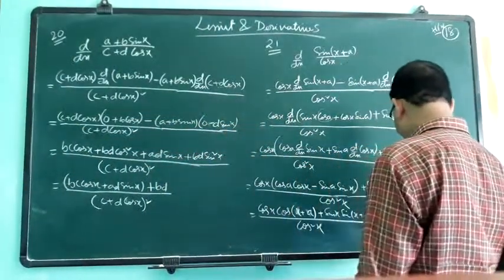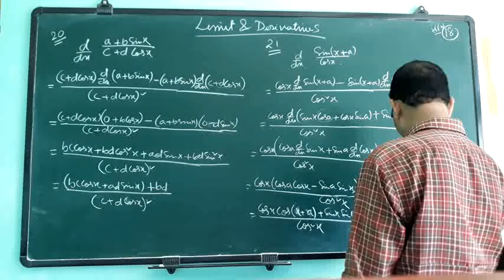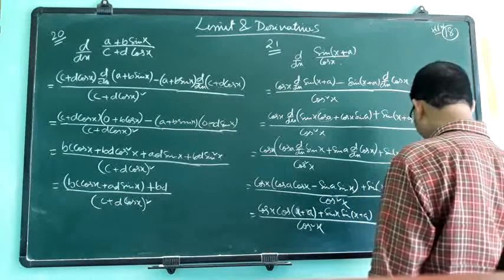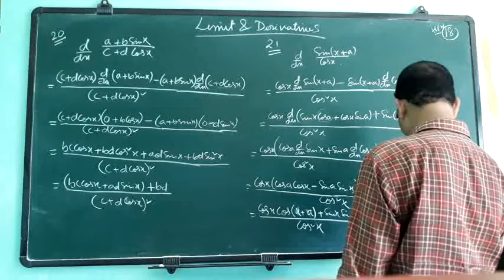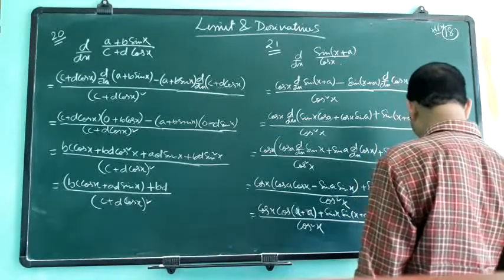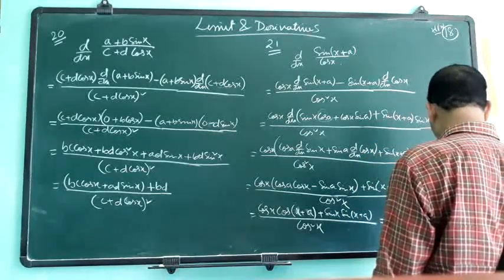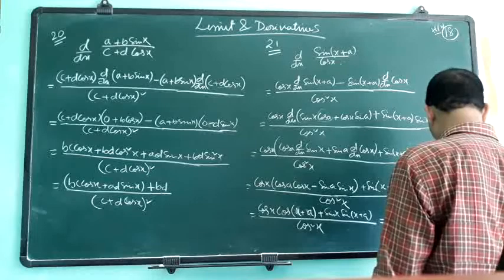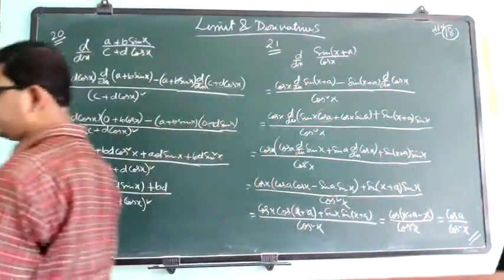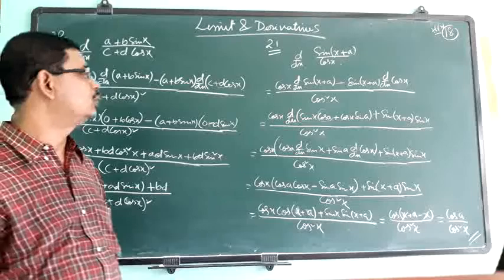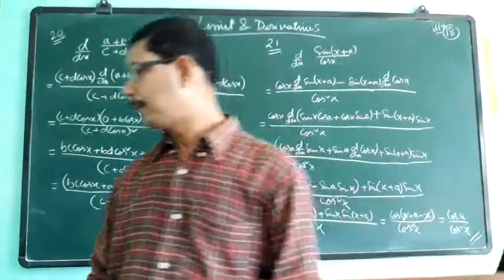That is cos of x plus a minus x, whole thing divided by cos square x. So x cancels, and we get only cos a by cos square x. So this is our answer, and we have completed our question number 21.